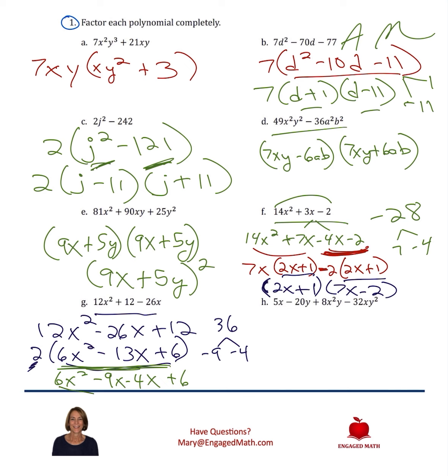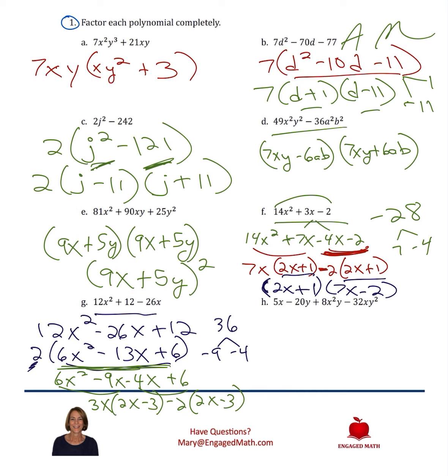And then I'm going to group 2 and 2. From the first two, the greatest common factor is 3x. So I have 3x times 2x minus 3. And then from the second two terms, I have a minus 2 as my GCF, and I once again have 2x minus 3. So our final answer for G, I'm going to write in another color.